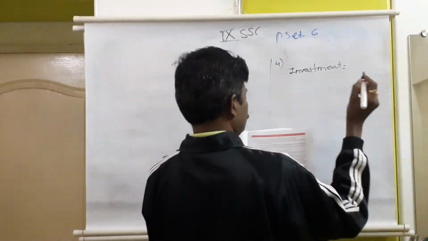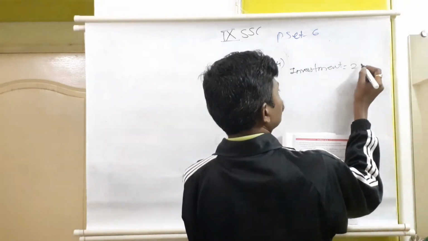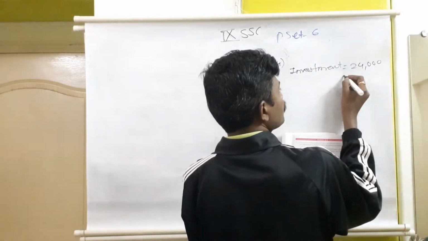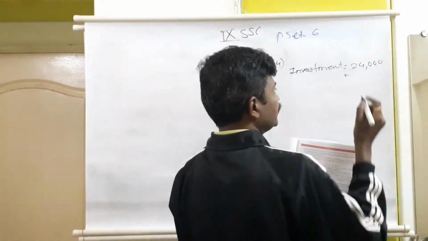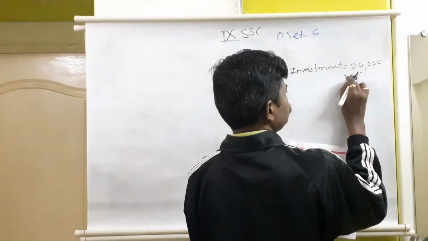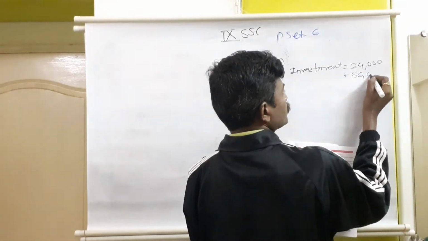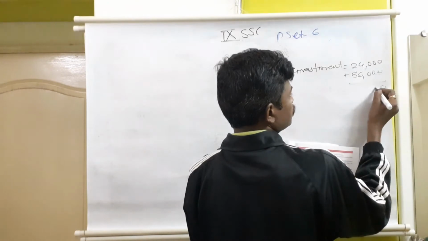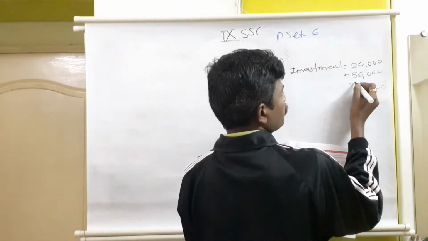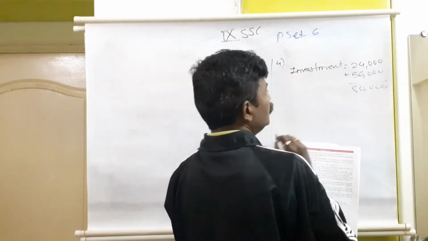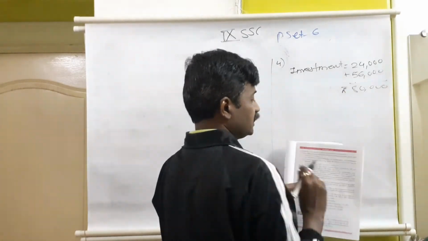Total investment is equal to, first of all, 24,000 in the bank. In that, additional 56,000 is added. So the amount now becomes 80,000.